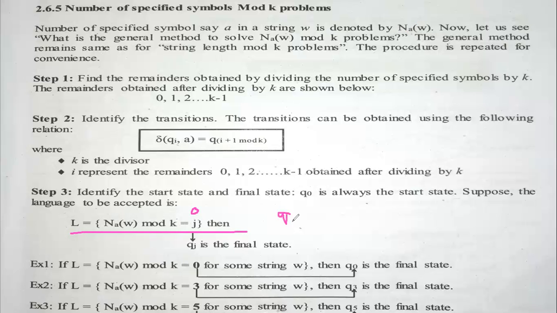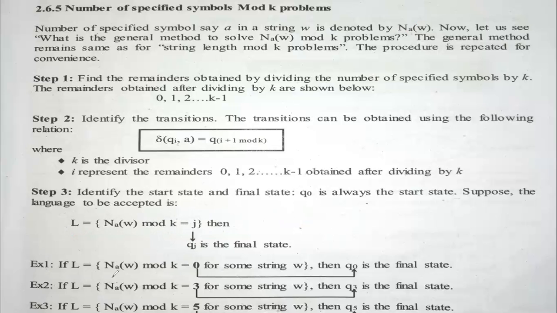Qi on receiving A will go to qj, right? So this j value we are deciding according to this particular relation. From the question we can easily identify the final state. Here qj will be the final state. So here we have some samples.